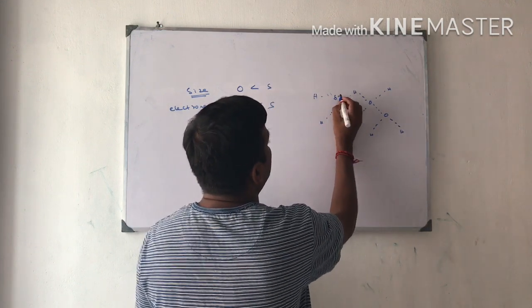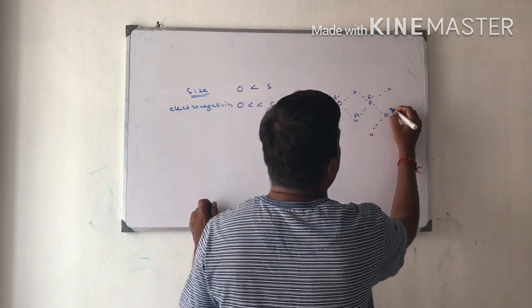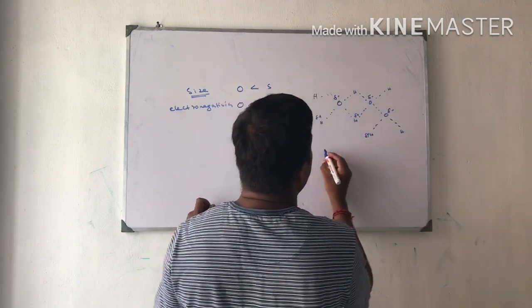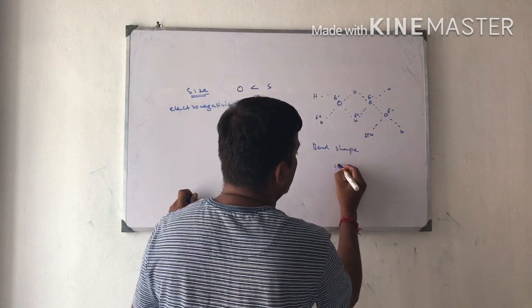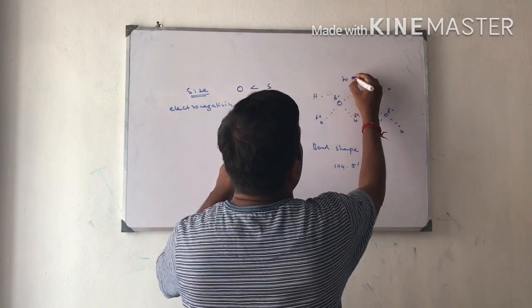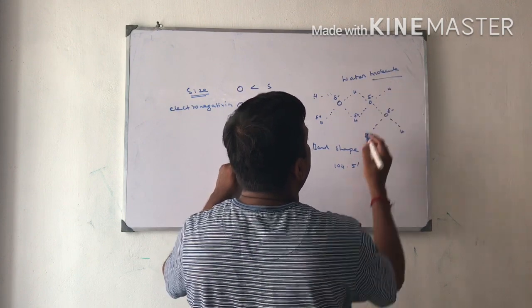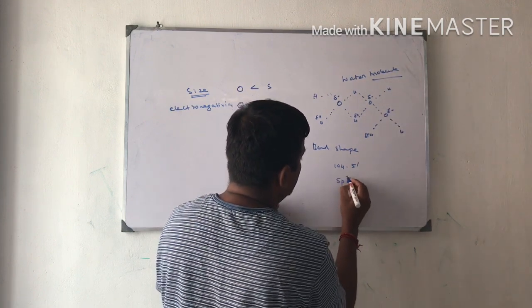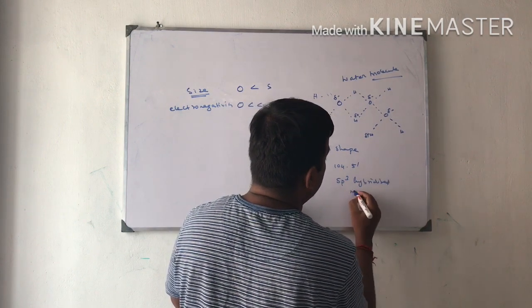It is sp3 hybridized, with delta minus and delta plus charges alternating. It has a bent shape, with a bond angle of 104 degrees 5 minutes. The water molecule is an sp3 hybridized molecule.